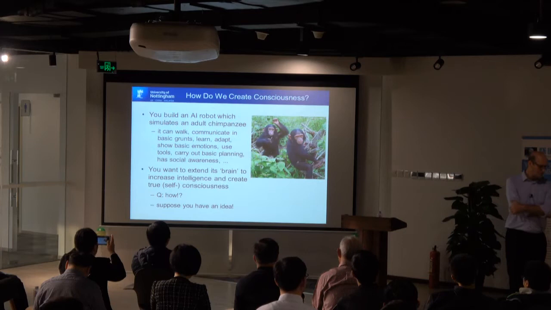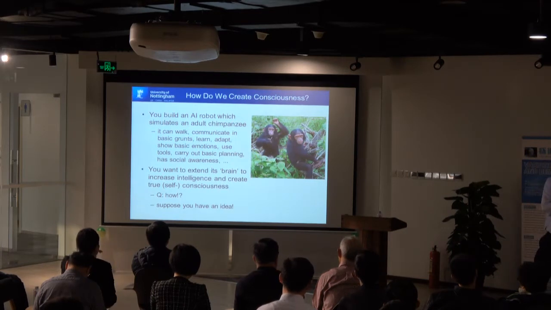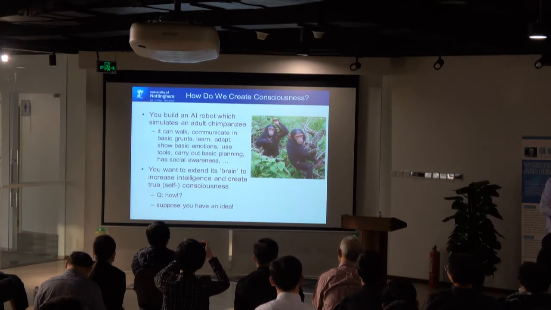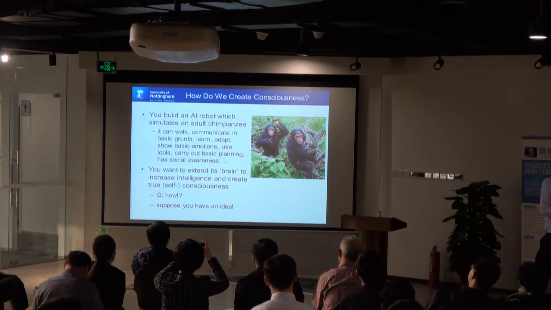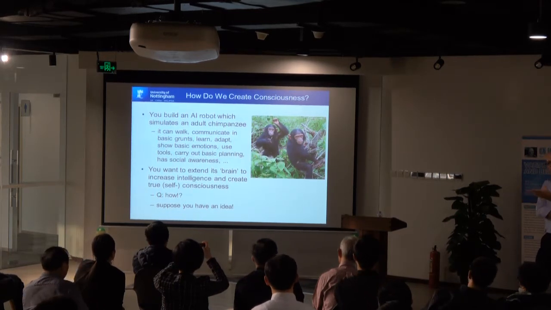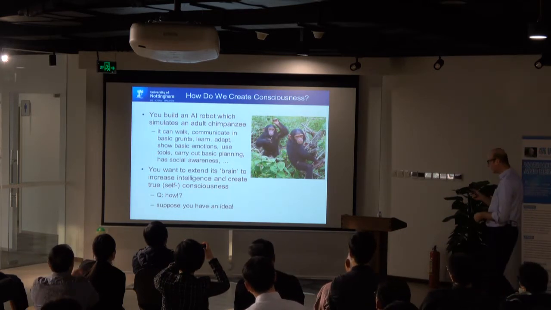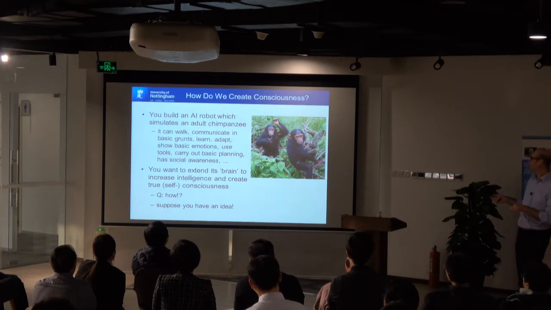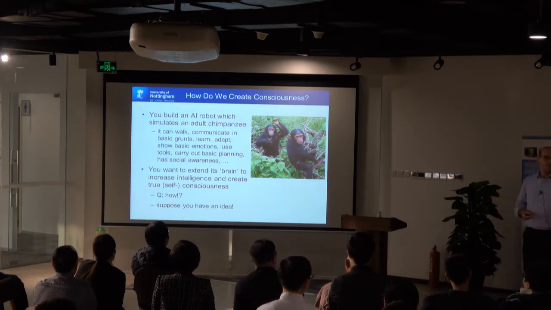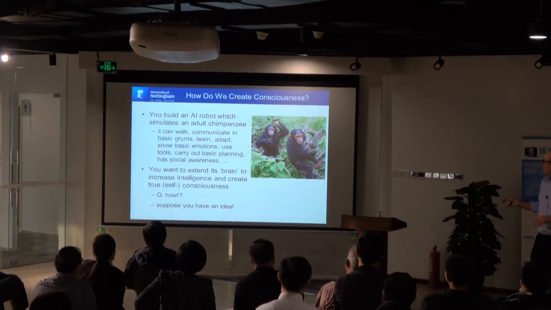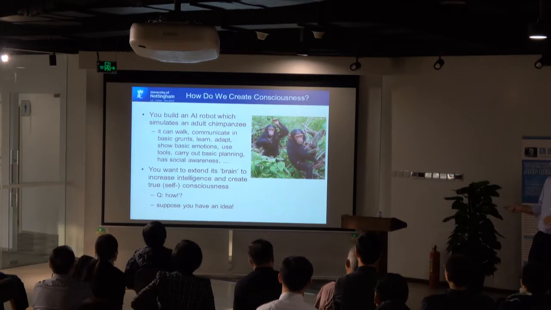I'm just going to end with some fun thoughts from my perspective. I think this is interesting. We talk about creating artificially intelligent robots and creating self-conscious robots. I'm just going to give a little thought experiment. Supposing you're a very good AI researcher, and you're trying to build a self-conscious working robot, and you've got it to perform like an adult chimpanzee.